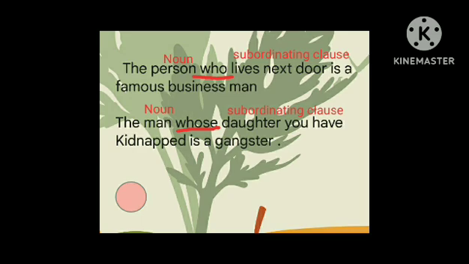So, we'll say whose daughter you have kidnapped. This becomes our subordinating clause. This means that it is an adjective clause because, children, it is describing the noun, that is the man.